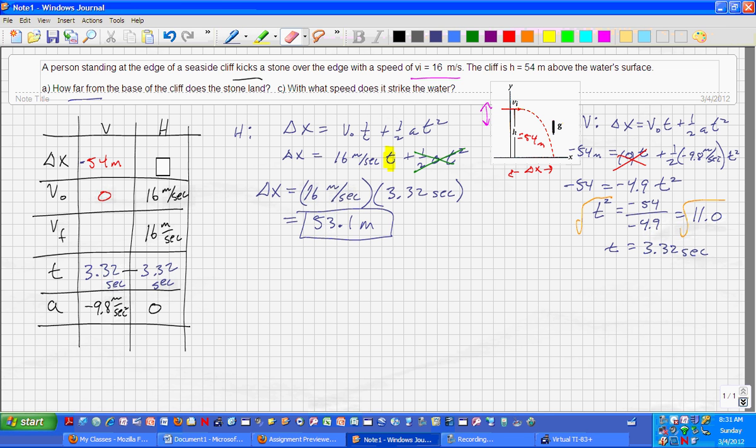Let's put that into my table: 53.1 meters. All right, that was the answer to part A. Part B, a little more difficult.